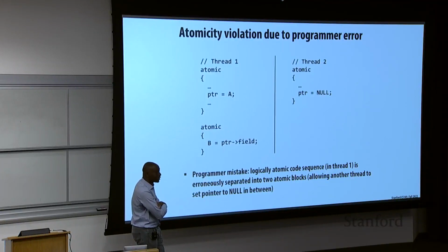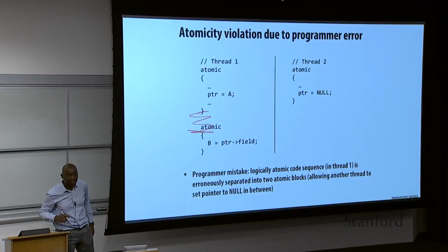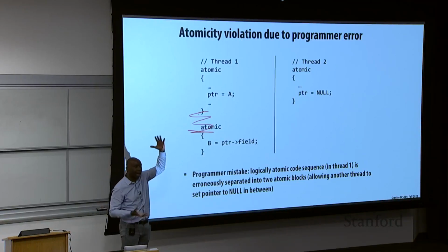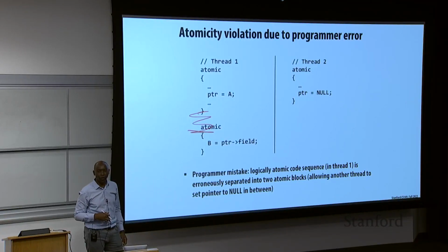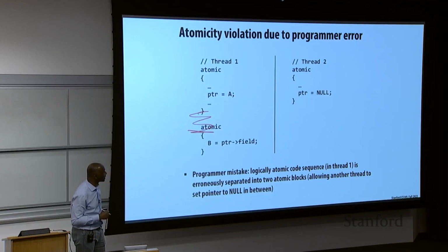I may dereference a non-pointer, right? And how would I fix it? Right. So we wanted to get rid of that, right? So this is known as an atomicity violation, where you put atomic around the wrong set of code, and therefore your atomicity behavior is incorrect.